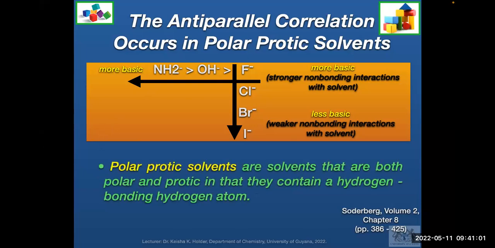So what is a polar protic solvent? A polar protic solvent is a solvent that is both polar and protic. What does that mean? Well, we understand what polarity is. We can generally identify polar solvents. Now we're in a better position to do that.